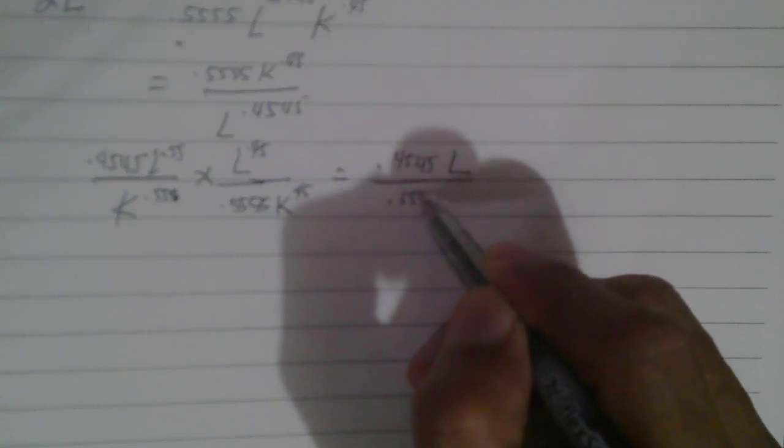So the ratio is equal to 0.45 L over 0.55 K.